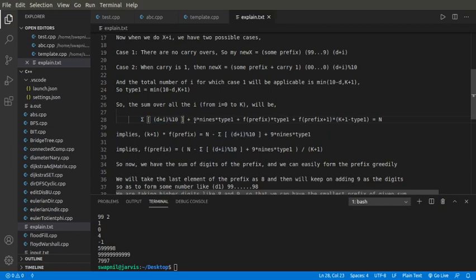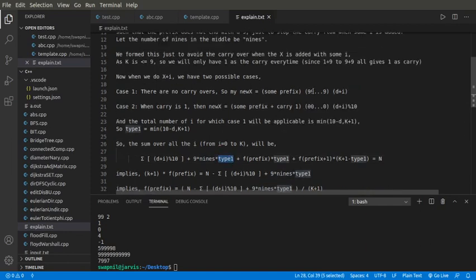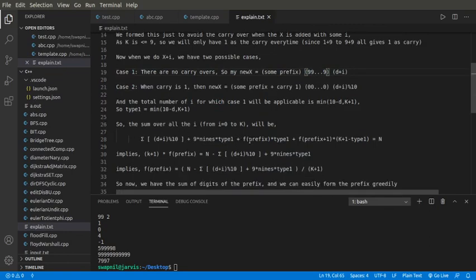And the sum of all the 9s, and how many total 9s are there? Total 9s is NINES, and how many such types are there, type 1, right? Where my 9 will be getting added is for case 1, it's the total number of case 1 possibilities, which is type 1, so I have multiplied type 1 over here.